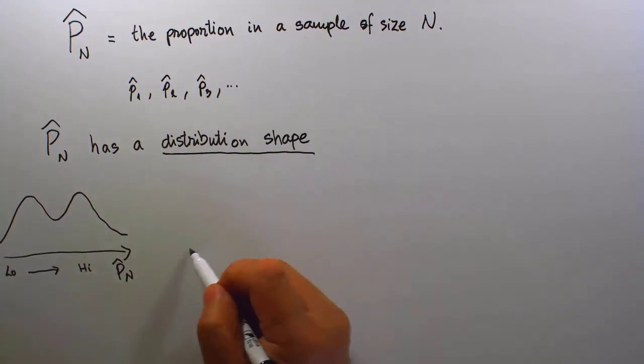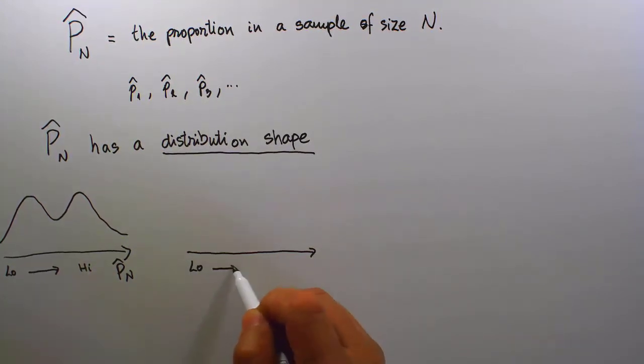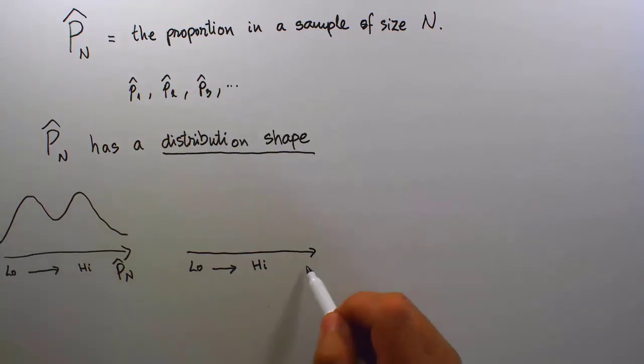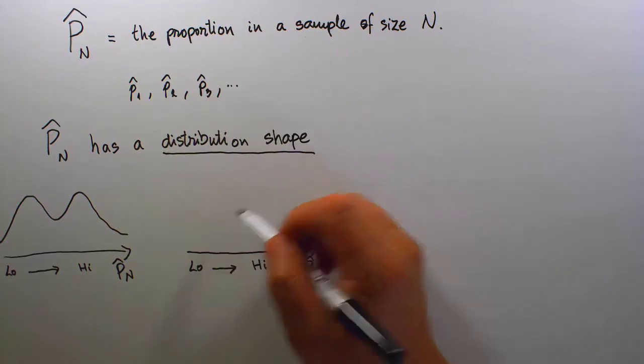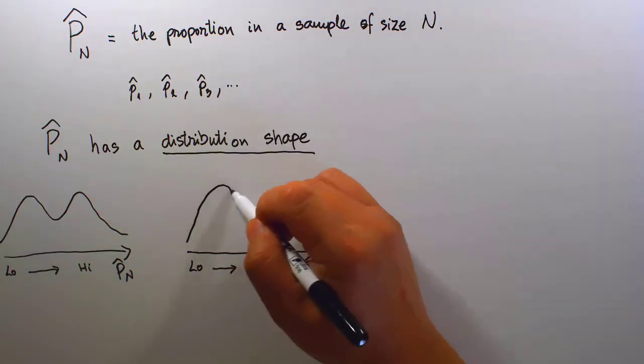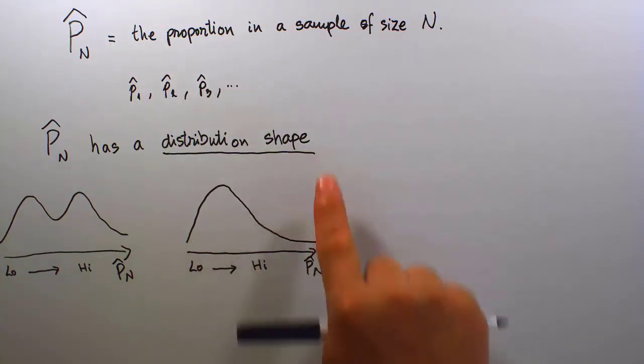Or the distribution shape can come down to being a one peak distribution, possibly either skewed right or in some other case skewed left.